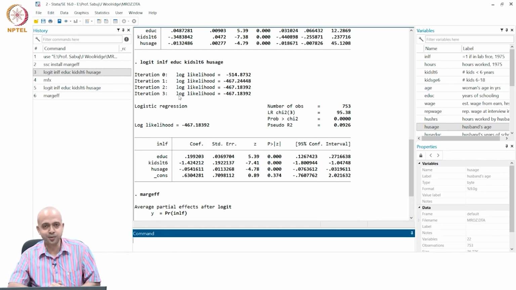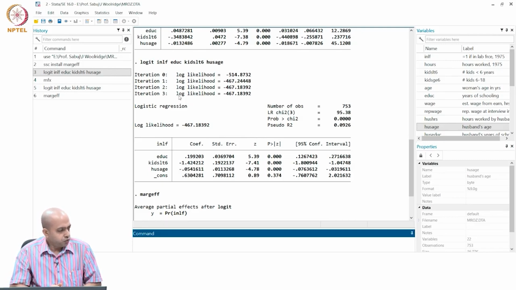Many a times after estimating this, we forget to report the marginal effects, but at the end of the day what we are specifically interested in is the marginal effect. For a unit change in any of these explanatory variables, on average what is the change in the probability of labor force participation? That is what we want, and that is why you need to specifically report these types of marginal effects, right.